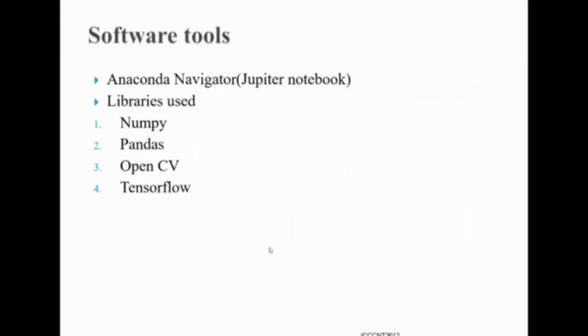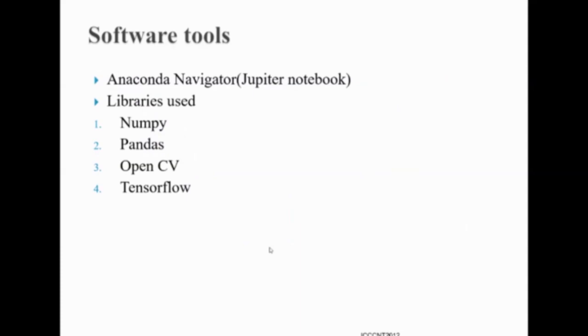Next slide. We implemented segmentation in Jupyter Notebook, based on Anaconda Navigator. We used four packages here. One is NumPy. These are common packages used in Jupyter Notebook.